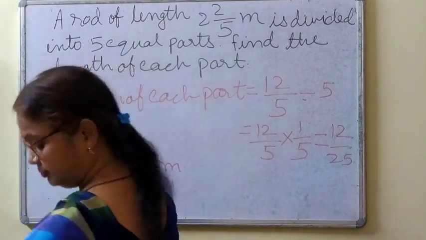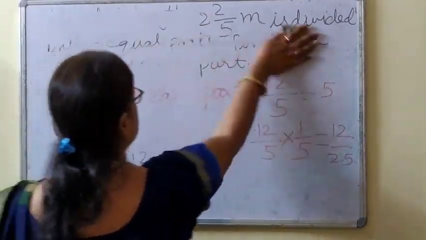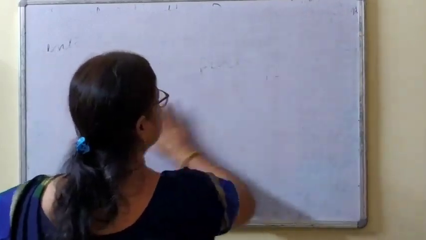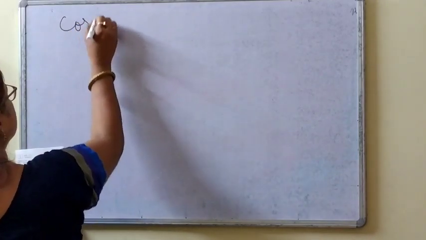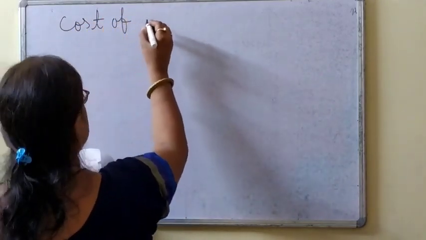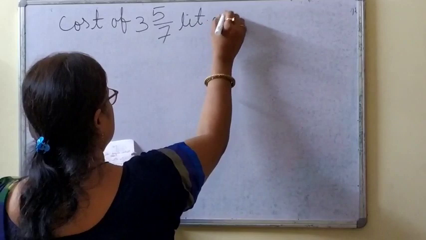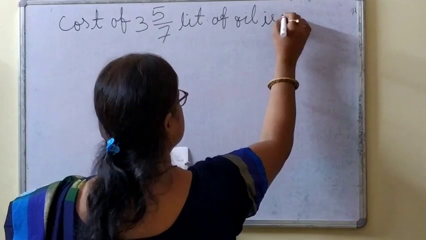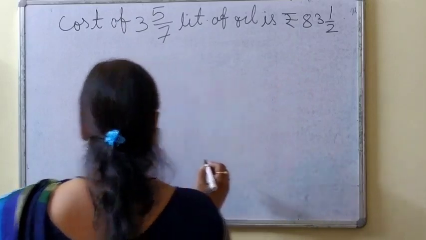Next question is: the cost of 3 5/7 liters of oil is rupees 83 1/2.